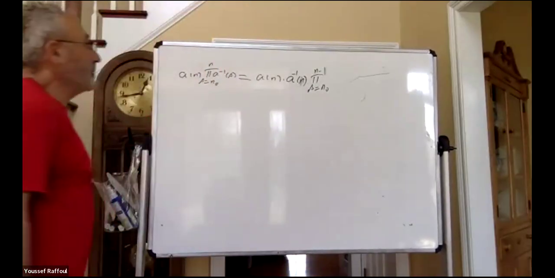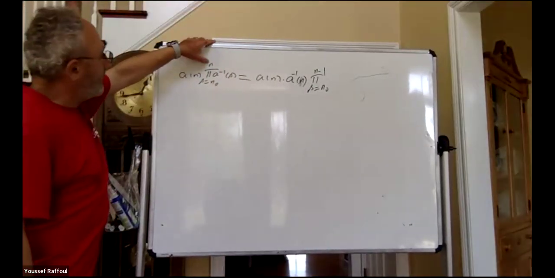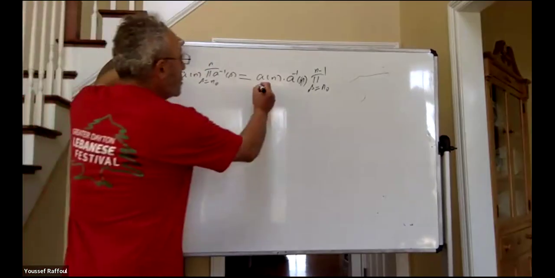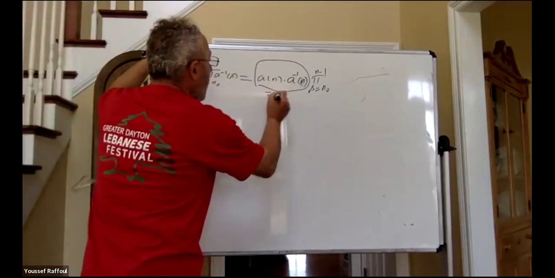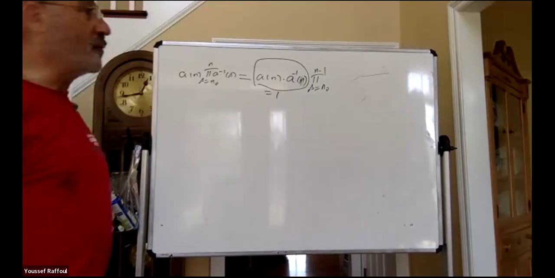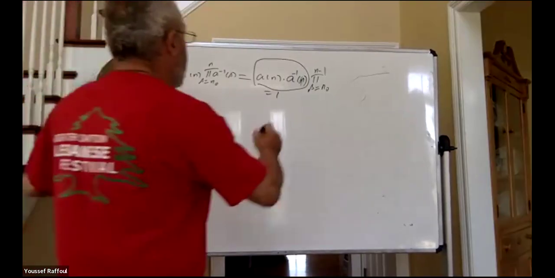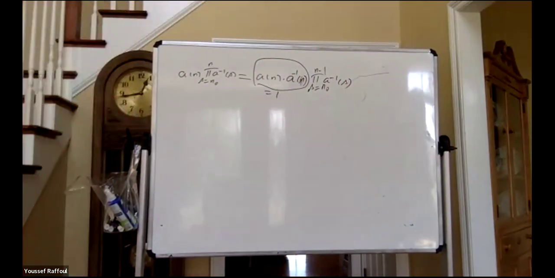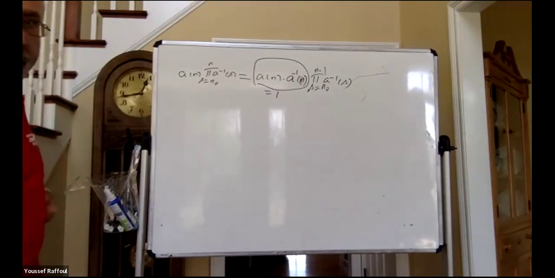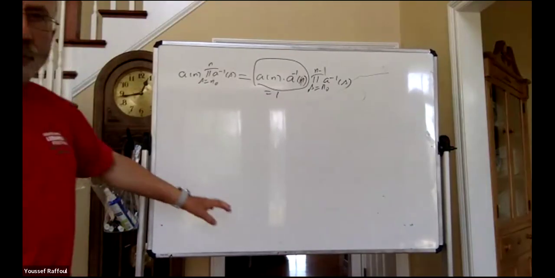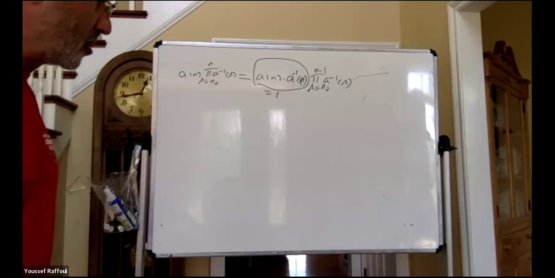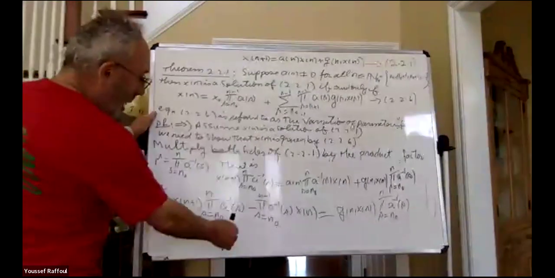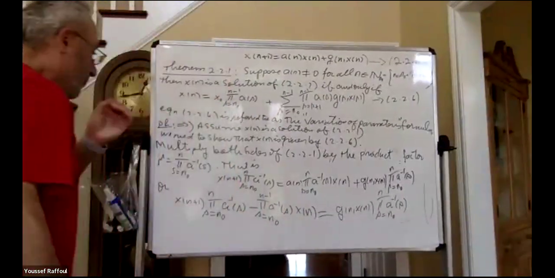Do you agree with that? I evaluated the product at n. And this is 1, isn't it? a_n times a inverse, and so you are left with this. Okay? Everybody okay with that? Can you see the picture good, or should I get a bit closer? Yeah, it's good. All right. So this is why I was able to write this.